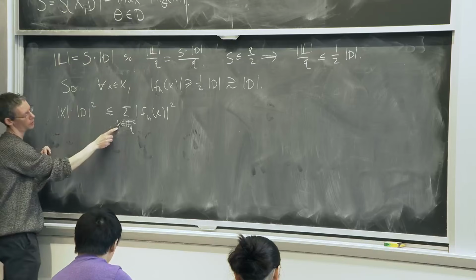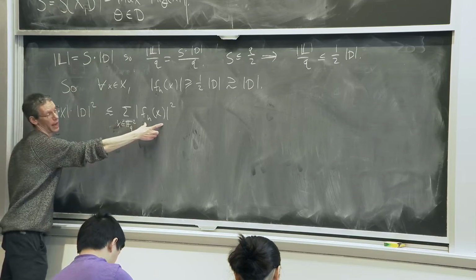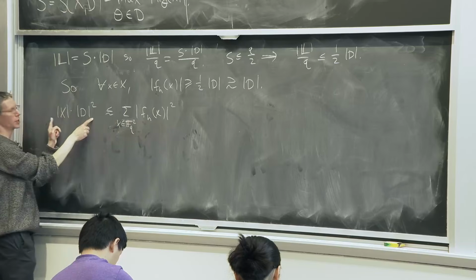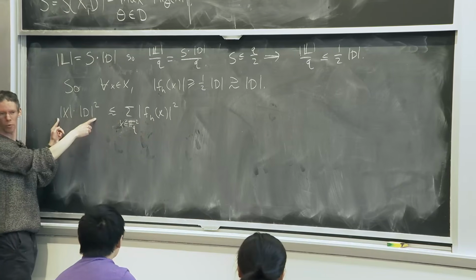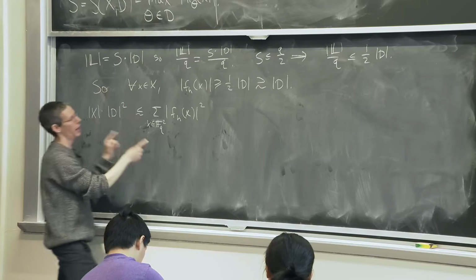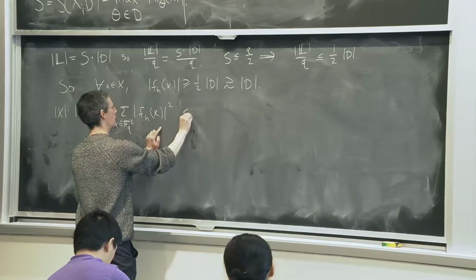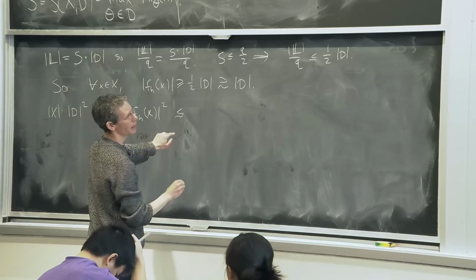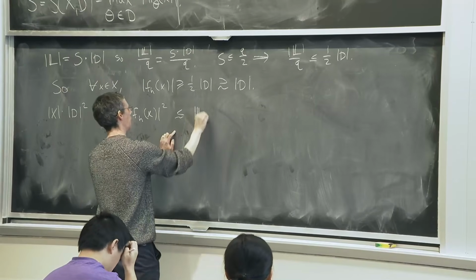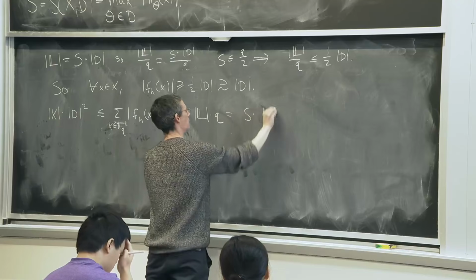So in this sum, some of these points are in my set X. And at each of those points, this has size around D. So that contributes this much. Plus, there are other points which I don't know what they're doing. And then we have the upper bound, the L2 estimate that we just proved over there. That is upper bounded by the number of lines times Q, which is S times D times Q.